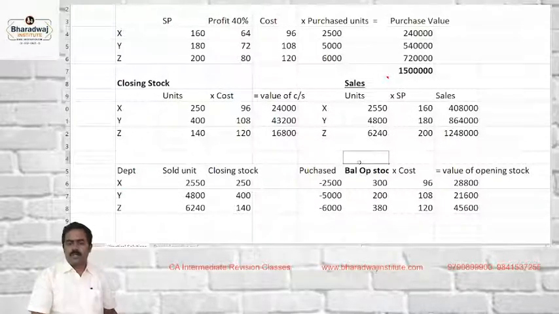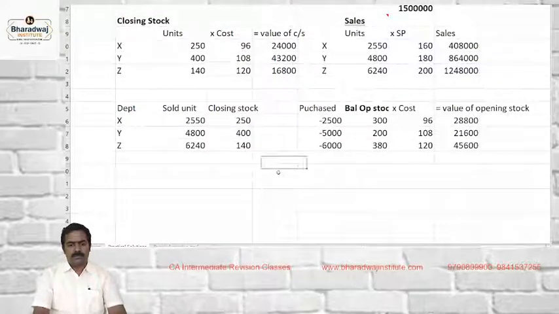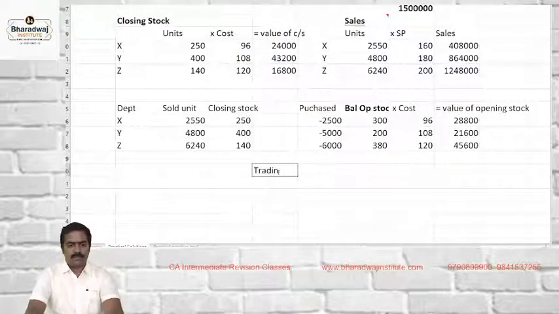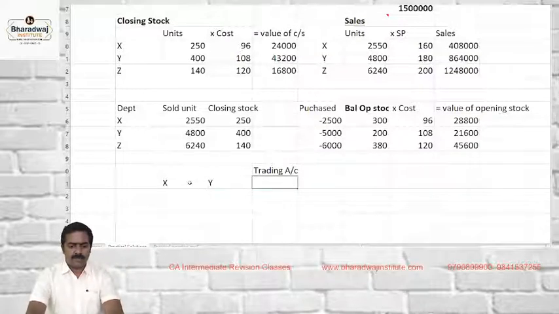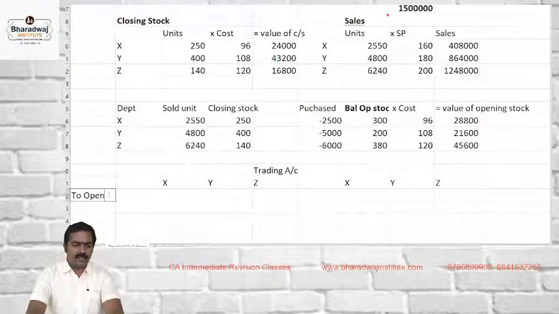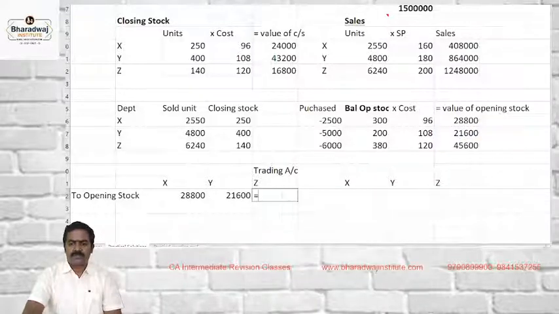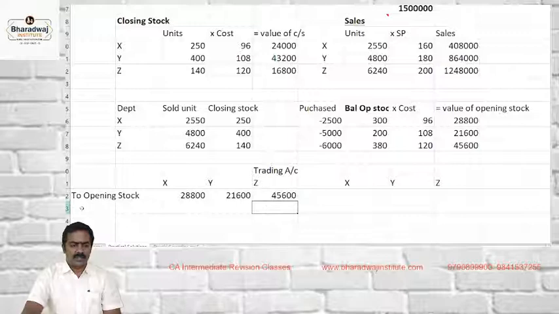Now you prepare trading account with 3 columns on each side. What are the departments? X, Y, Z. To opening stock, we found out the value: 28,800, 21,600, and 45,600.